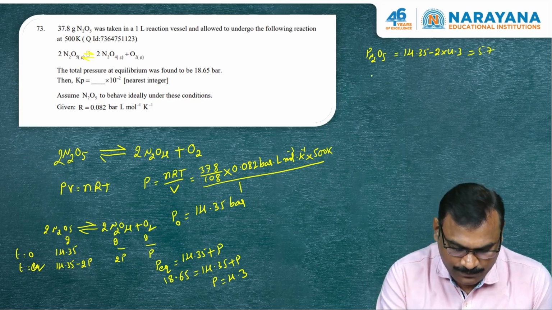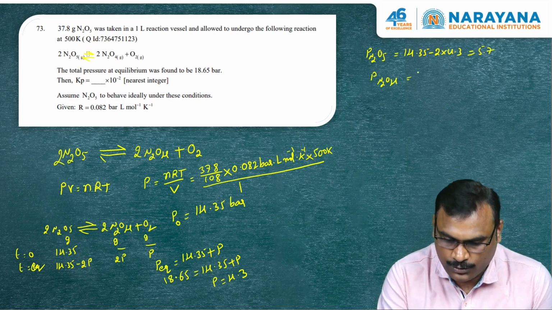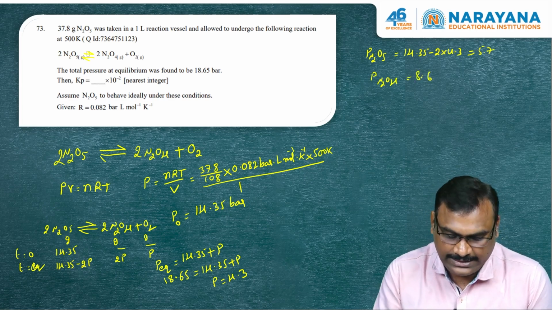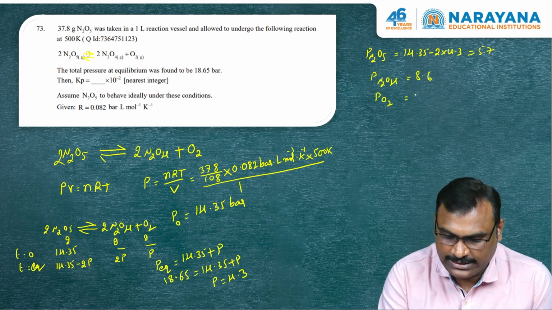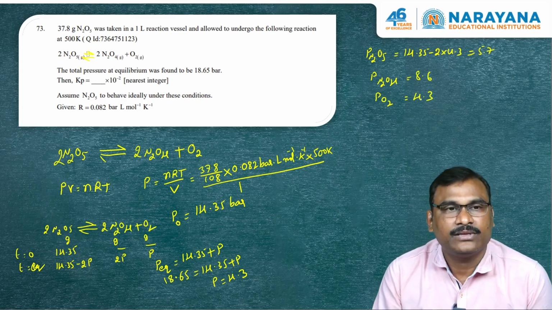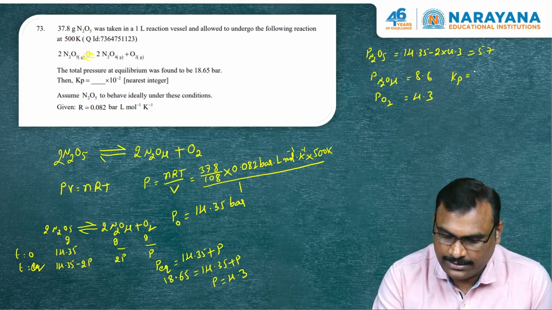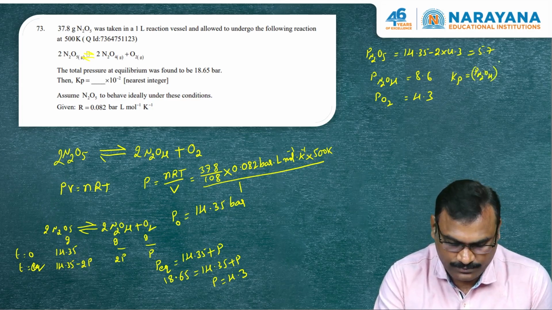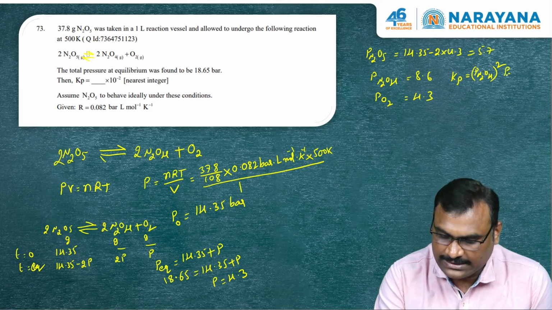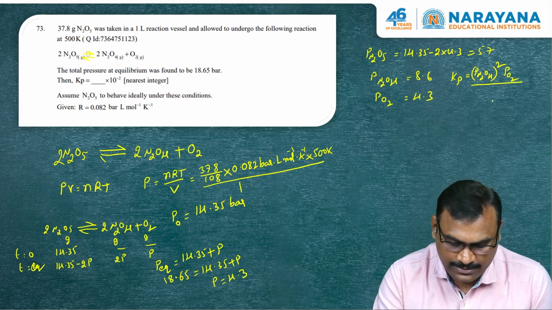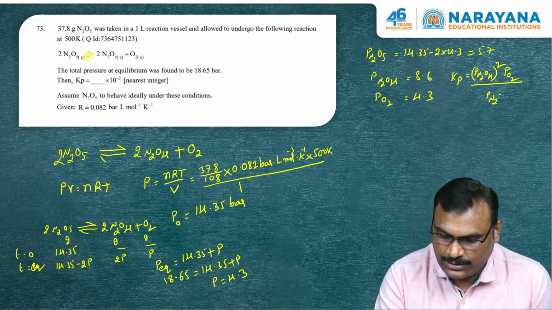Pressure of N2O4 is equal to 2p, that is 8.6, and the pressure of O2 is equal to 4.3. Now Kp is equal to pressure of N2O4 whole square and pressure of oxygen by pressure of N2O5 whole square.